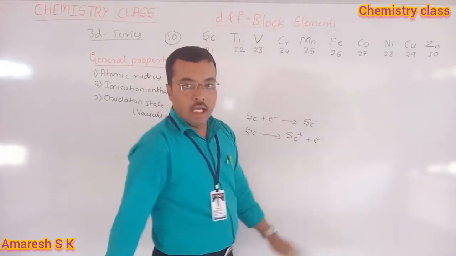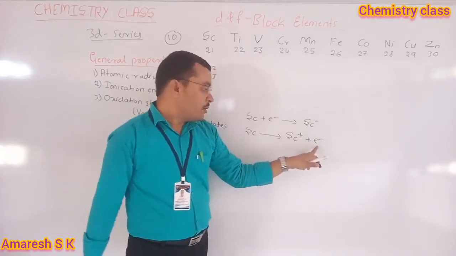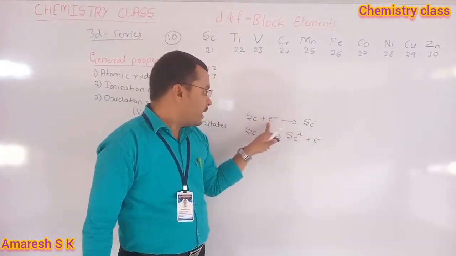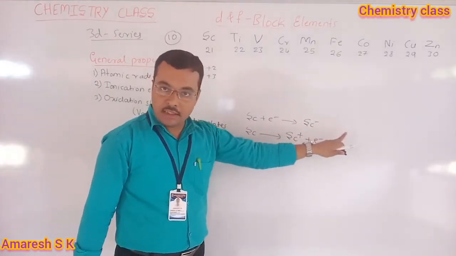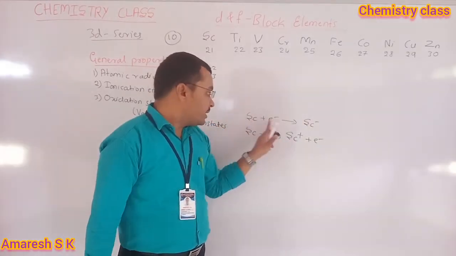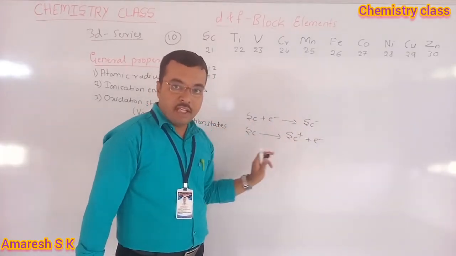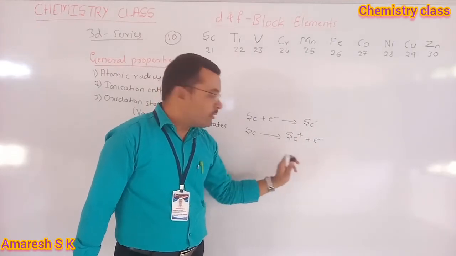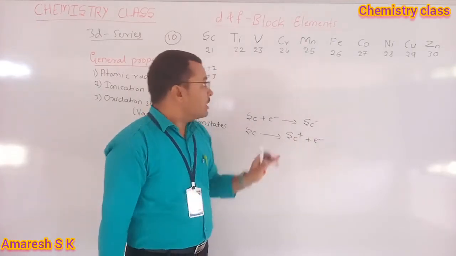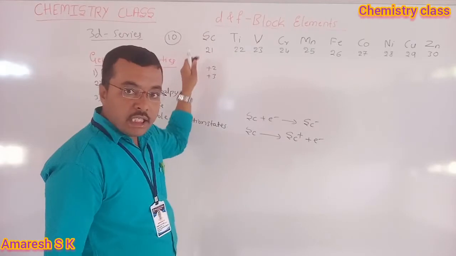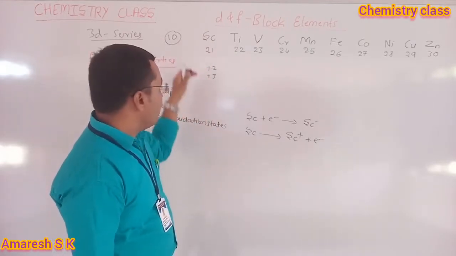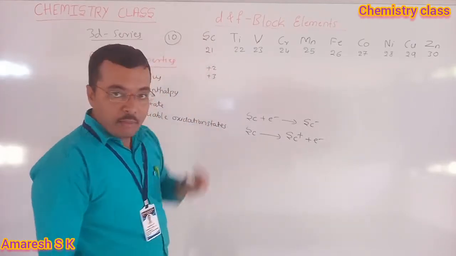By losing or gaining an electron, it gets a charge like this. If it takes an electron, it gets a negative charge; if it loses an electron, it gets a positive charge. Like this, scandium will show two different oxidation states, +2 and +3.